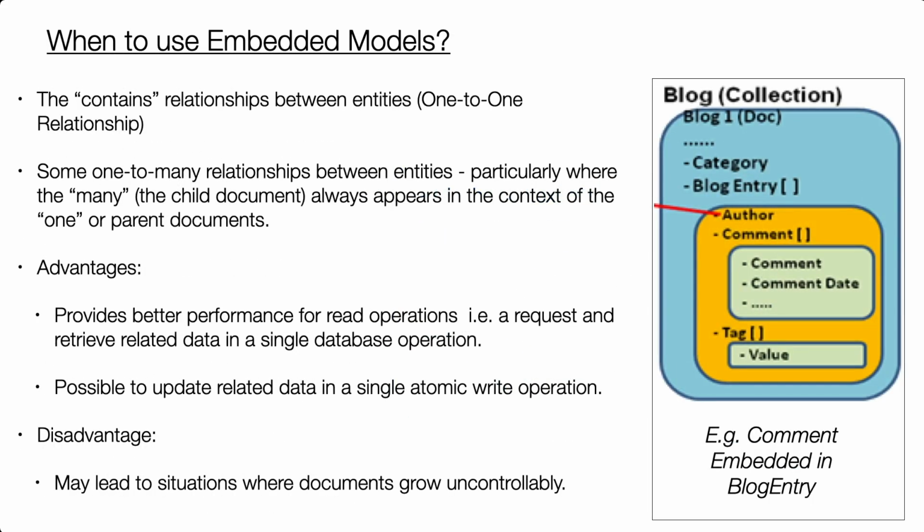We might use them when we want efficiency in our read operations. So when I do a read from the database, I want to possibly pull back all I need in one read. So I'm getting the contained object here without a separate fetch, similar with the update. However, we should be aware that if we're using embedding like this, the documents may tend to grow.